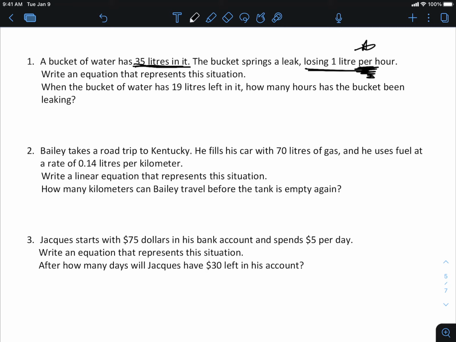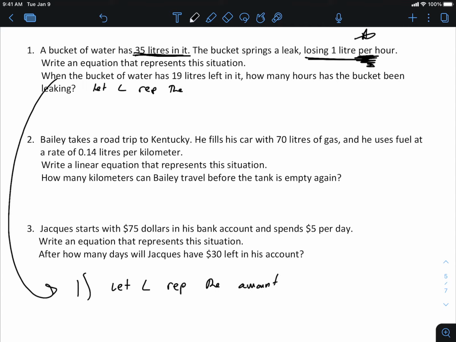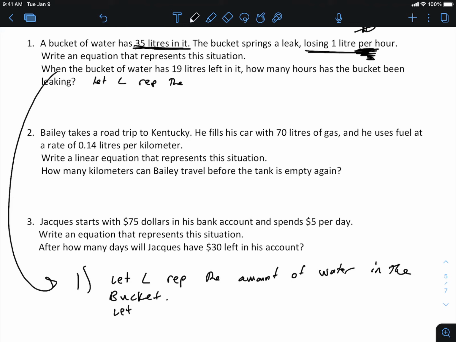Okay, so let's define. Let L represent the amount of water, and let T represent the amount of time in hours.